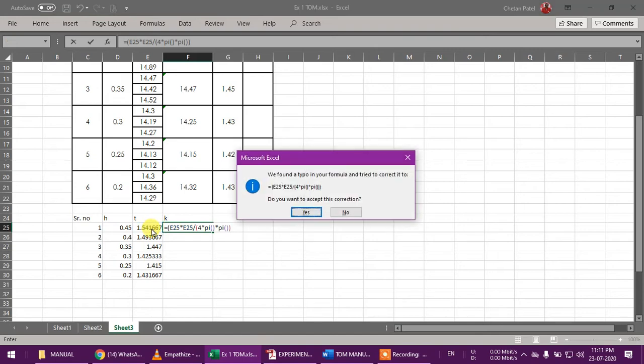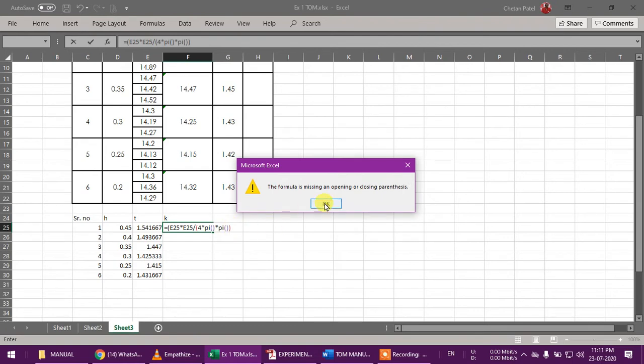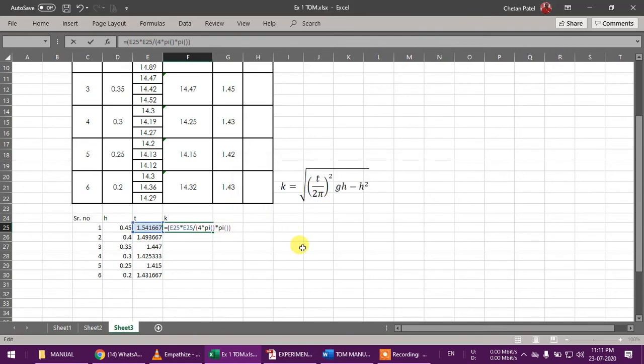If I press enter, one bracket is missing, so we'll need one more additional bracket here, and we have the value which is equivalent to T square by 4 pi square. Now we need to multiply this with gh, so again click here, multiply by 9.81 and multiplied by h, so we'll click h again and press enter.